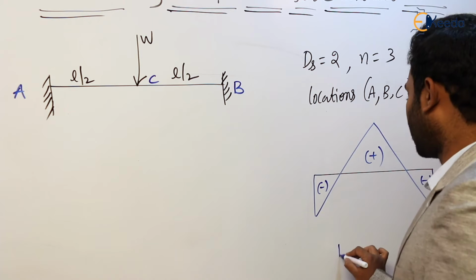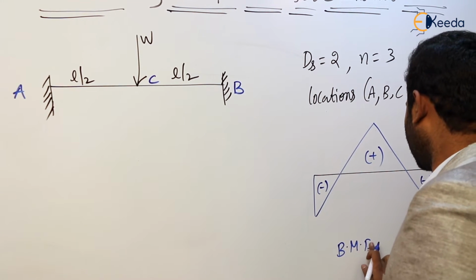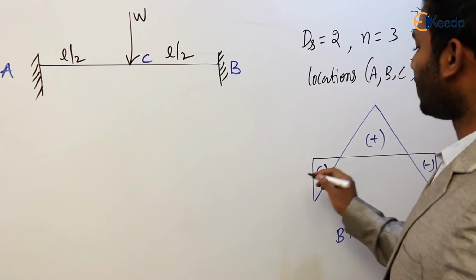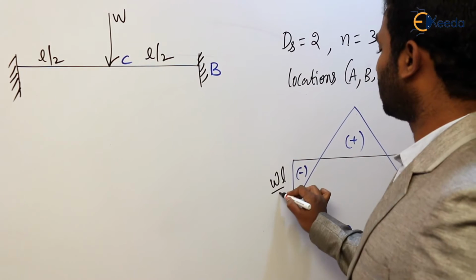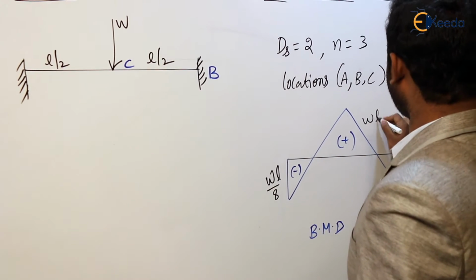So this is the bending moment diagram for a fixed beam with center point load, BMD. So here if you see the value, here it is WL by 8 and here it is WL by 8 and at the center also it is WL by 8.